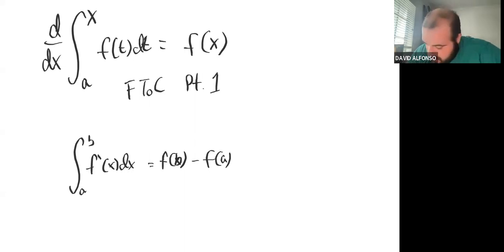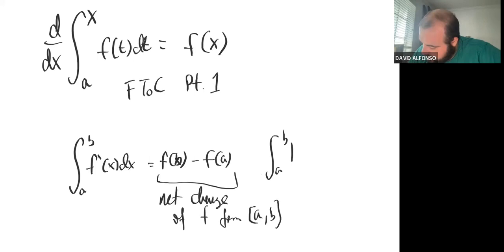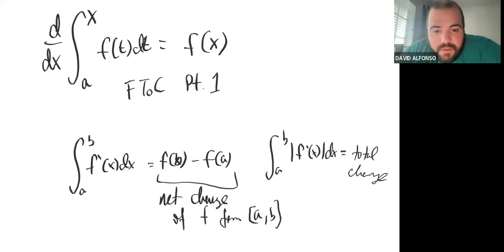So this here is just the net change of f from A to B. The total change would be this if you did the absolute value. This would be equal to the total change.